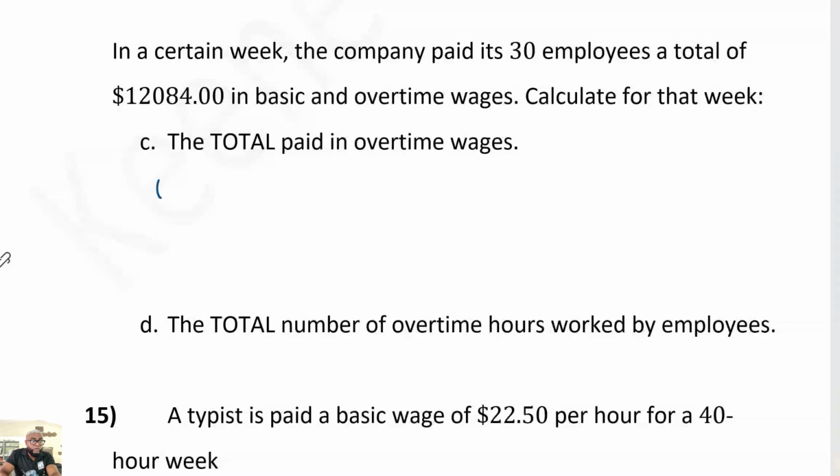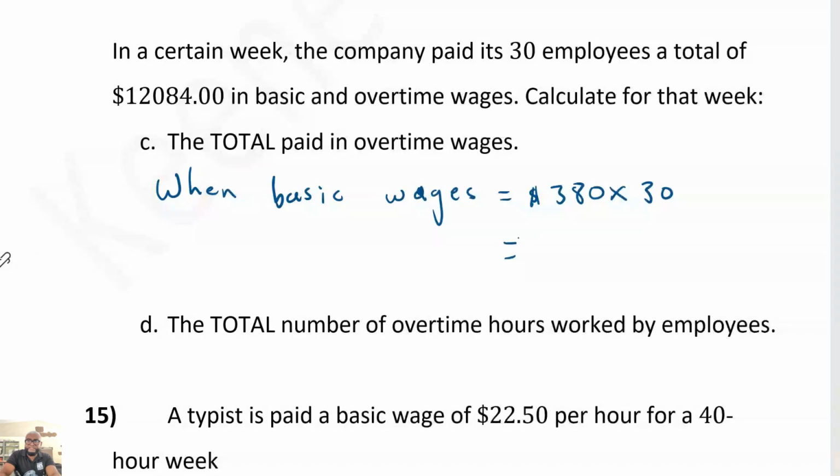Because then we know, when basic wages is equal to how much the basic wage was? The first 380, right? 380 multiplied by how many employees? 30. Give me what the basic wage for the 30 employees would be.